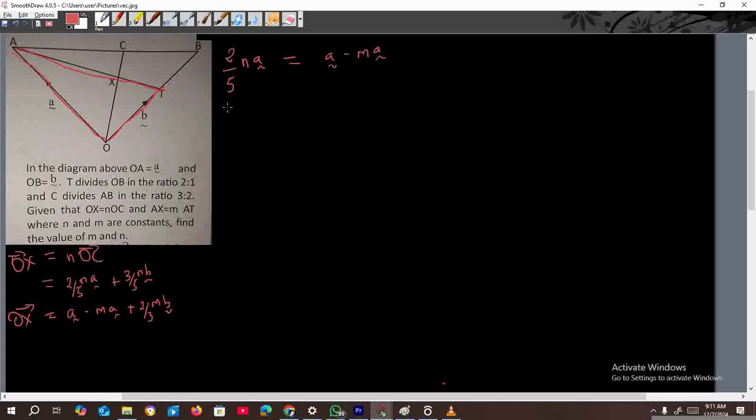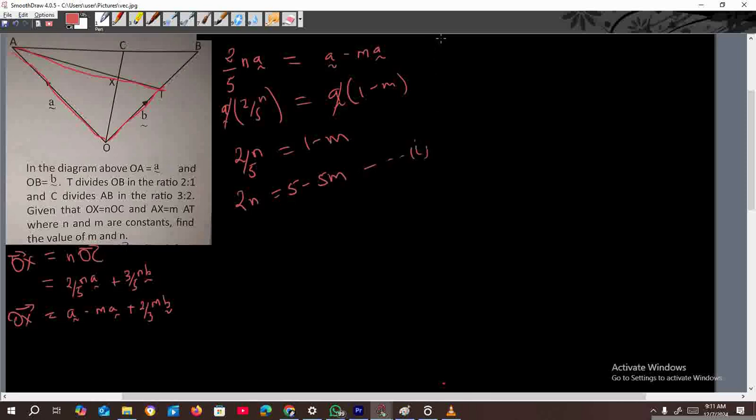So factor out the vector A to be A into 2/5 N, the same as A into 1 minus M. The vectors A cancel out, and we're going to have 2/5 N be the same as 1 minus M. If we multiply through by 5, this will leave us with 2N be the same as 5 minus 5M. Let this be equation 1.